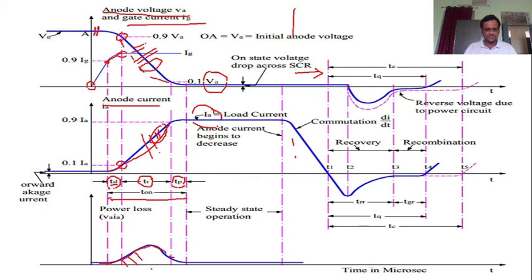This is your turn on loss, because you have a finite amount of voltage and current during turn on. You will find this kind of plot. This is power loss during turn on.